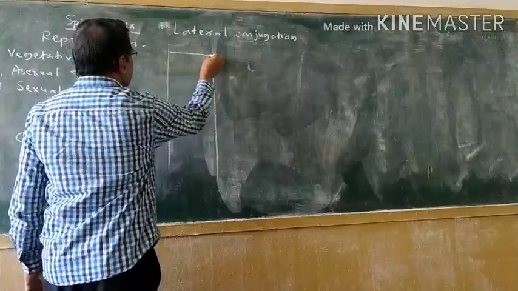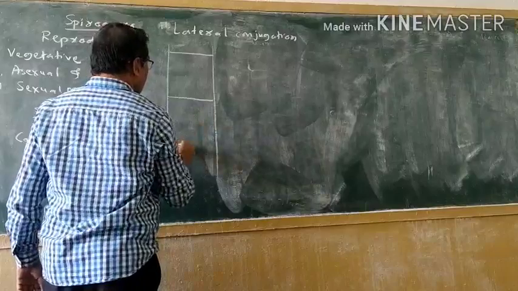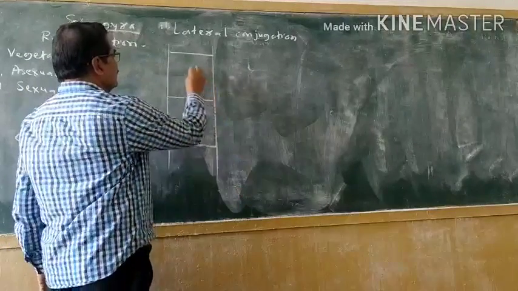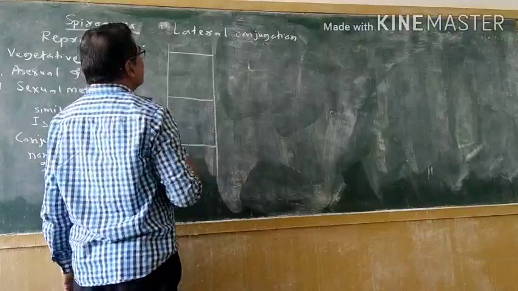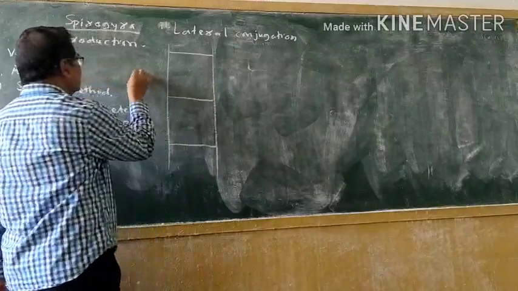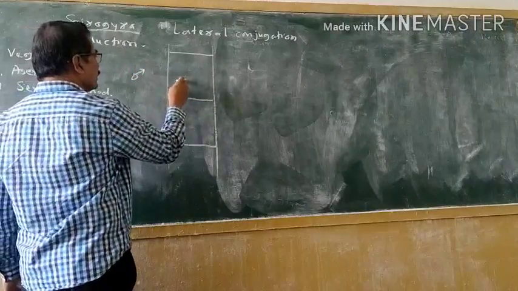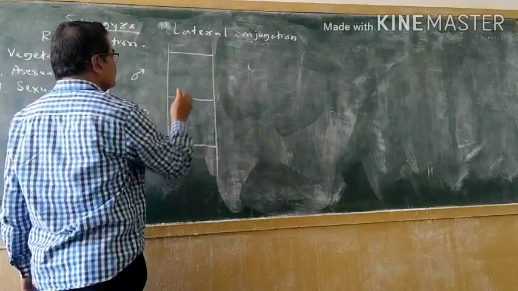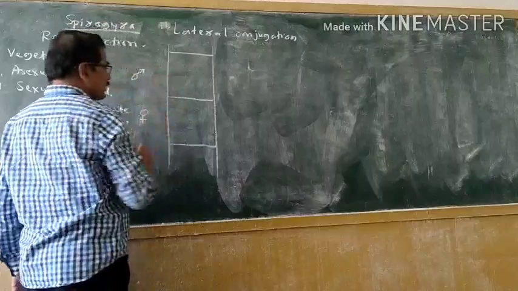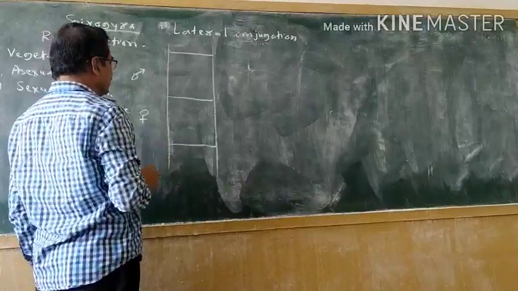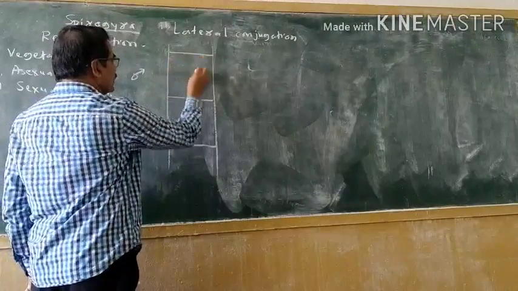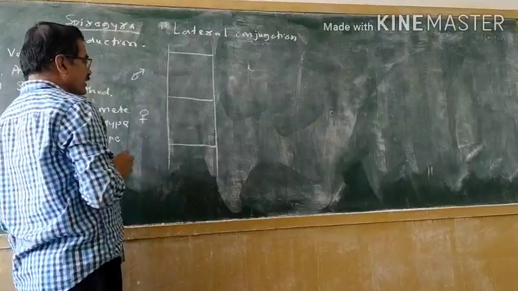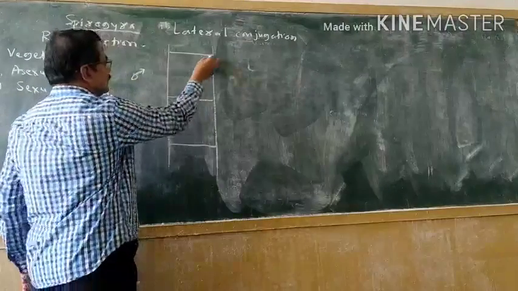But in lateral conjugation, among the many cells, one behaves as a male cell, and the adjacent cell, nearer to this male cell, is known as the female cell. Morphologically they are similar, but physiological content is dissimilar at the time of conjugation.